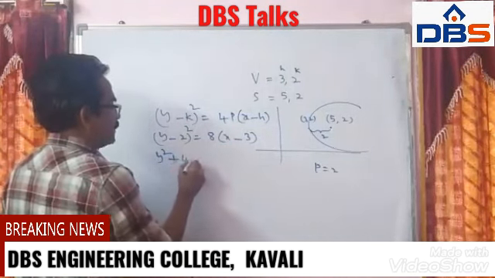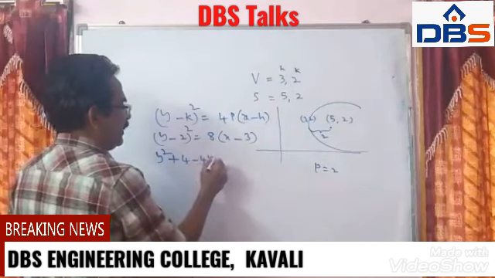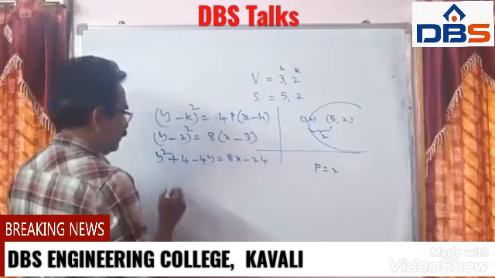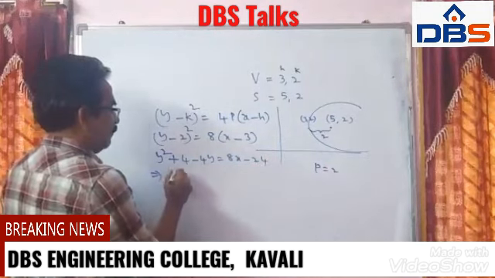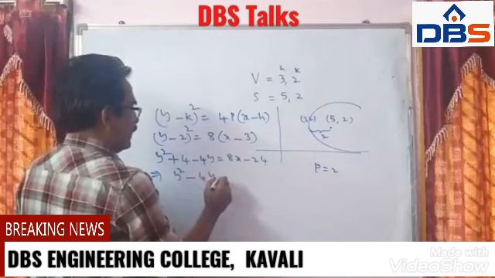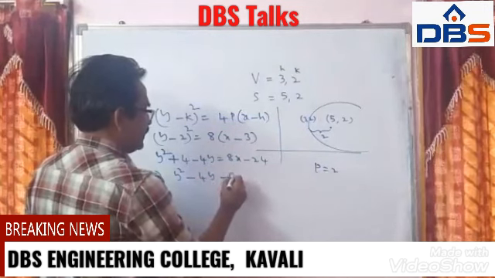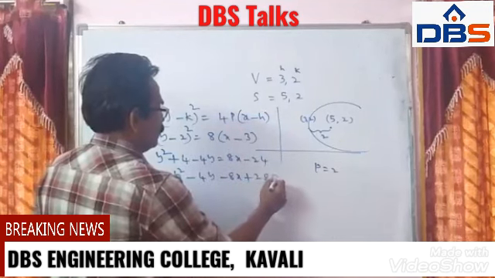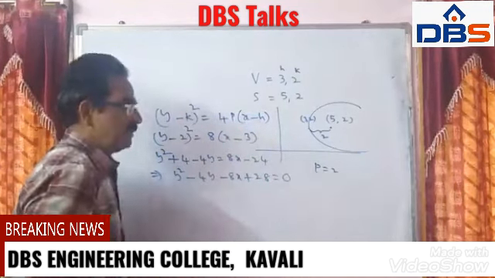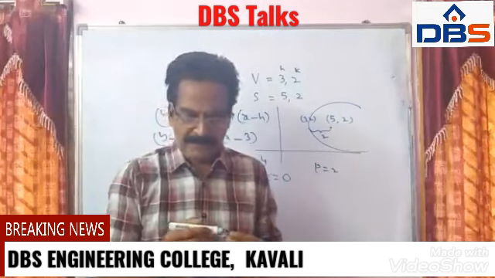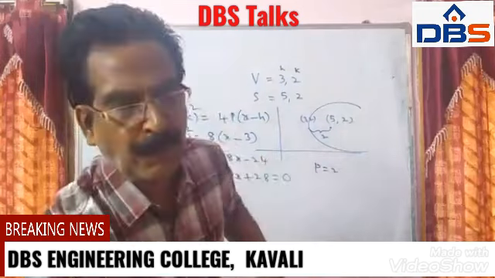Y square plus 4 minus 4y is equal to 8x minus 24. It implies y square minus 4y minus 8x plus 28 is equal to 0 is the required equation of the parabola, friends.